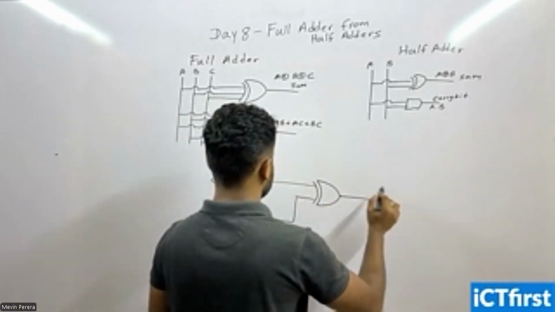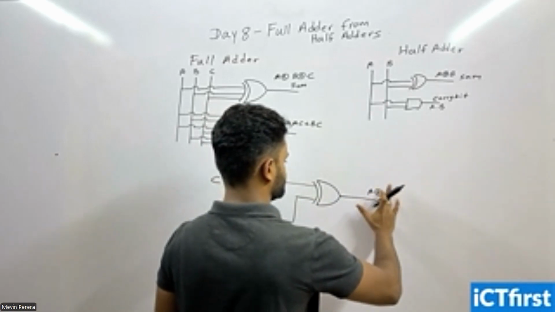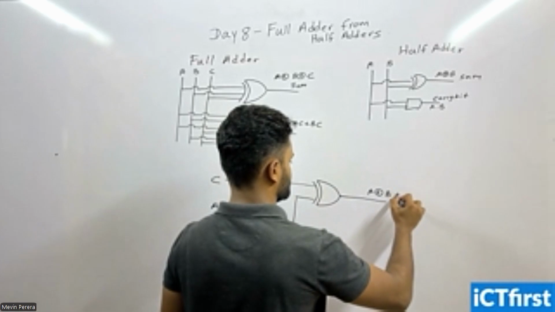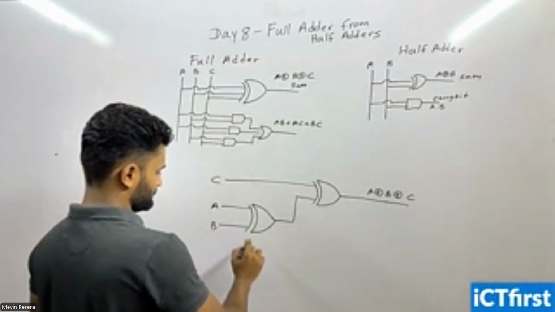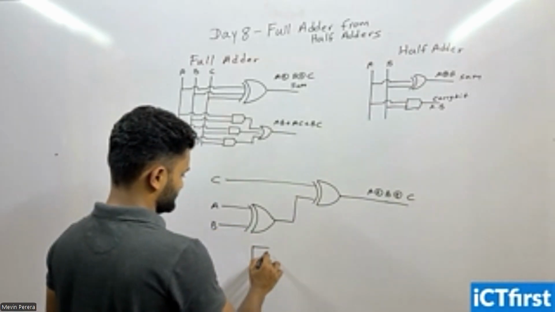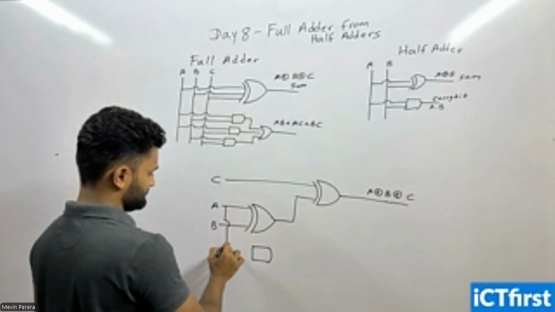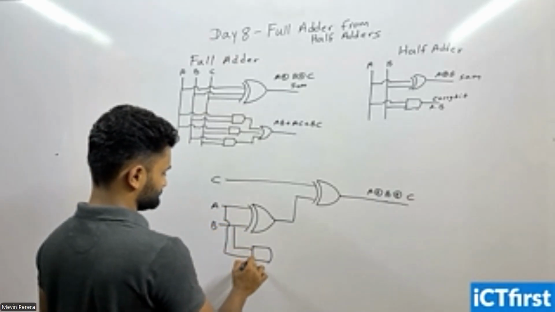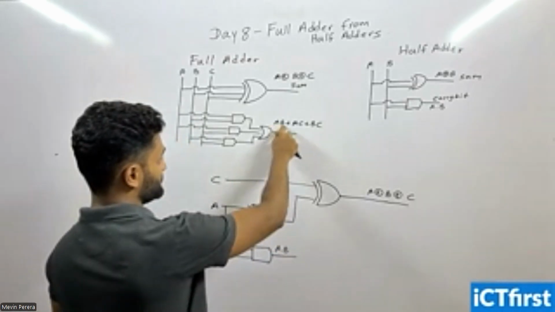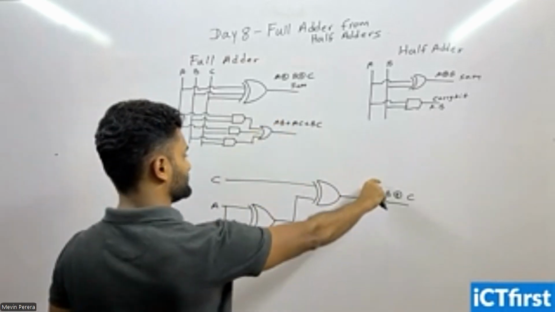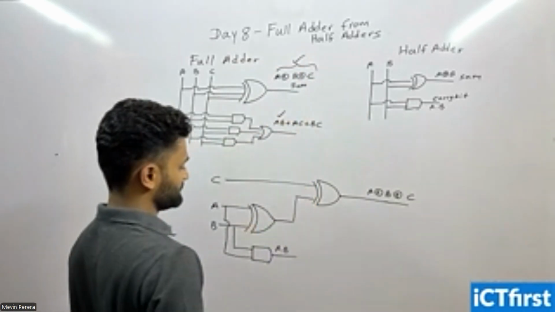Now this one looks like A, B, C. All right. Now there is an AND gate in here as well, which is supposed to take in A and B. So this looks like A dot B. So we got this one done, right? A dot B is done, and this particular part is also done. This part is also created.